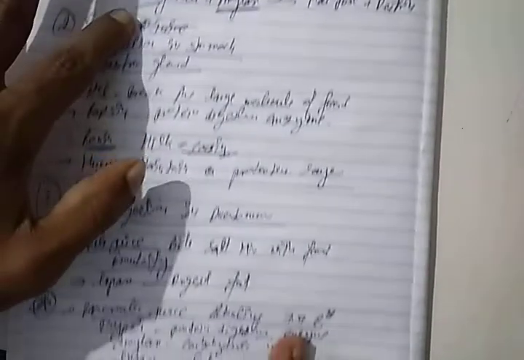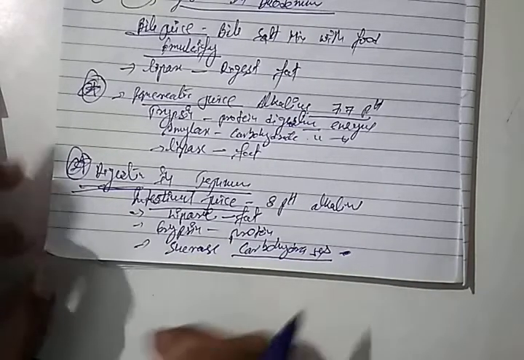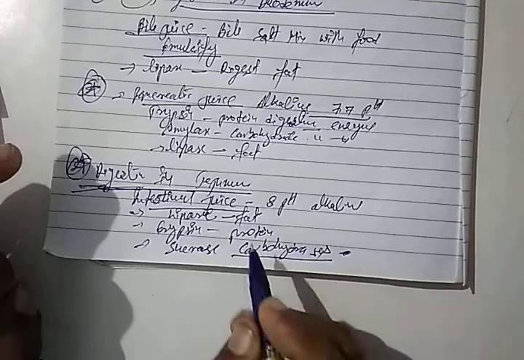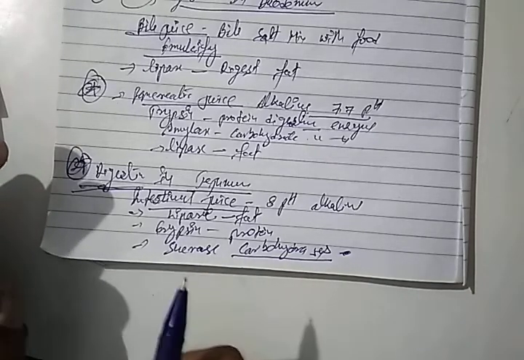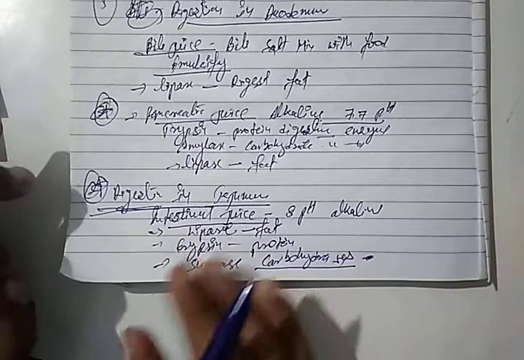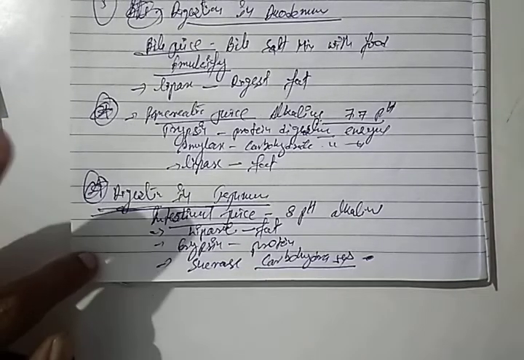These enzymes continuously work on the food material and break it into small parts. As the process of digestion completes, food is easily absorbed by the small intestine. In next video, we will study the process of absorption.